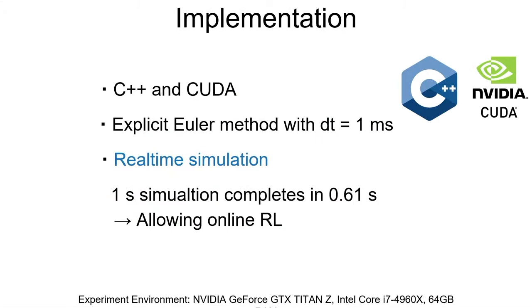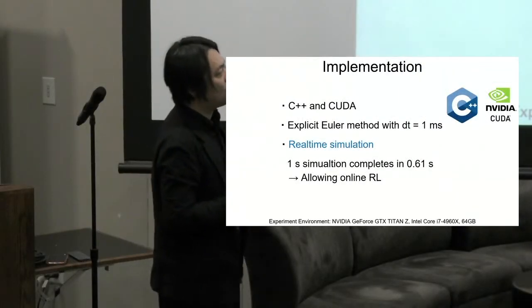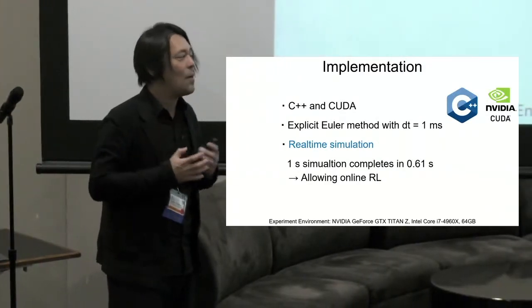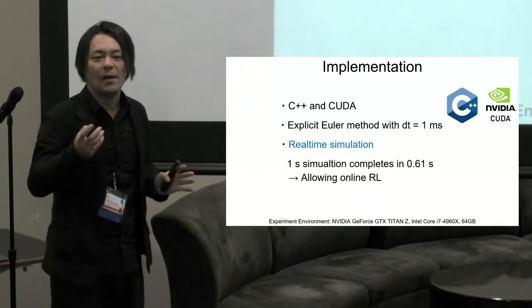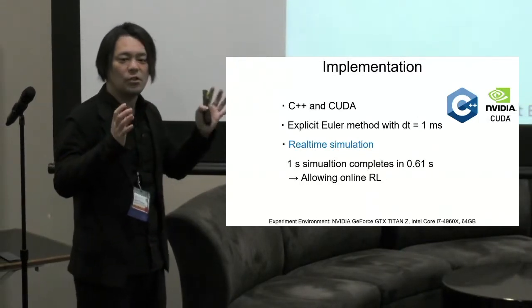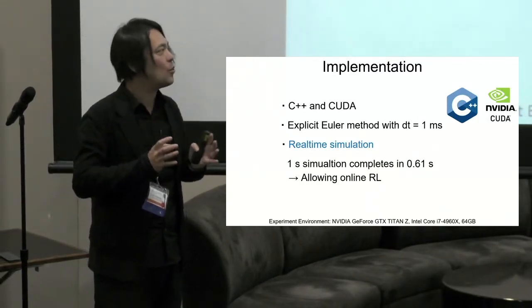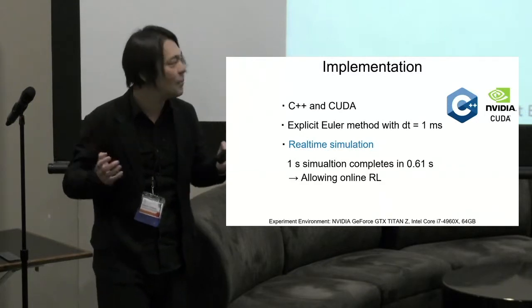Everything was implemented using C++ and CUDA. We used the explicit Euler method to solve the differential equations with a temporal resolution of 1 millisecond. And thanks to the parallel computing capability of the GPU, we succeeded in simulating the network dynamics in real time. Real time means that the computer simulation of the network dynamics for 1 second completes within 1 second of real world time.